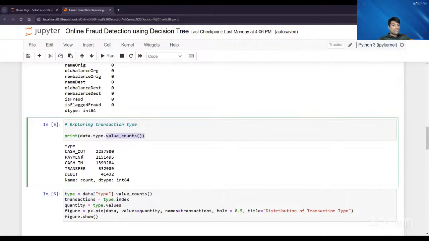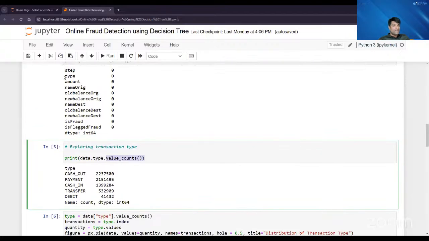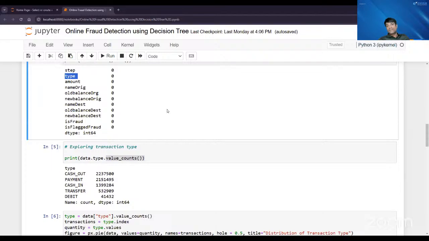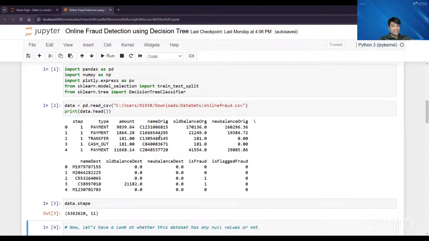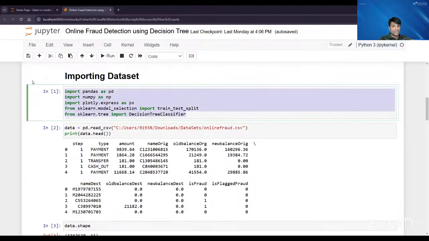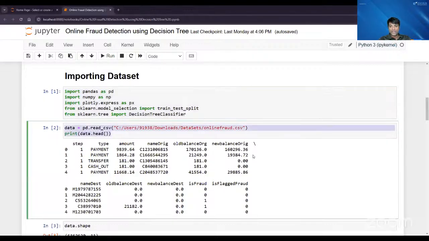The type column indicates the type of transaction. Just a minute, I'll share this the way I shared before, so it will be easy for you. For the data set, you can put your address.